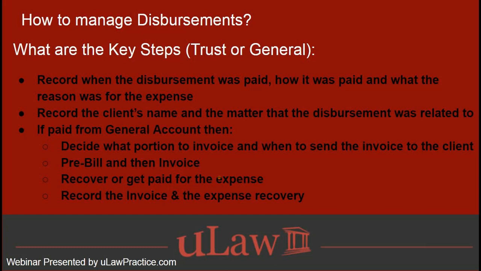Did that amount that you paid include any taxes? Or if there were no taxes, it's important to capture that as well. And last but not the least, which account, bank account, did your legal firm utilize to pay for it? Was this your general account? Was this an office business credit card?